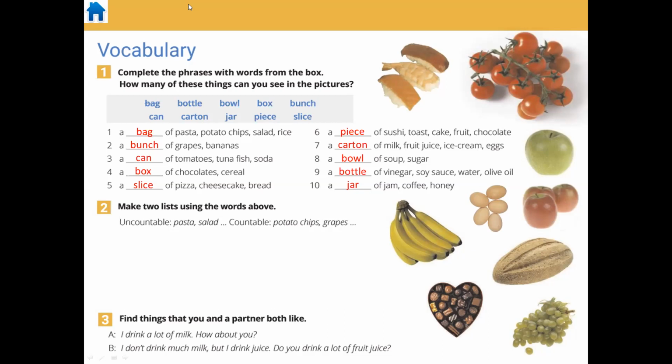For example, sushi. We cannot say 1 sushi, 2 sushis. Milk. We cannot say 1 milk, 2 milks, right? So we can divide all food into count and non-count. In this book, number 2, they call non-count uncountable and count countable, but I call them non-count and count.